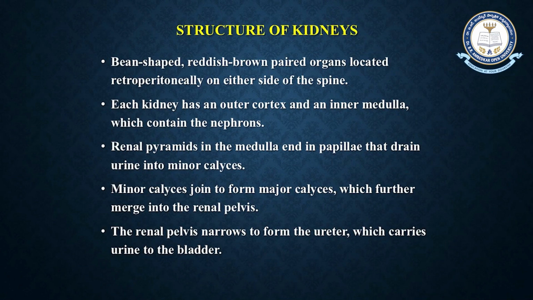The excreted fluid from the renal pyramids moves into the calyx. There are two types of calyx, major calyx and minor calyx. The renal pyramids drain the urine into the major calyx.